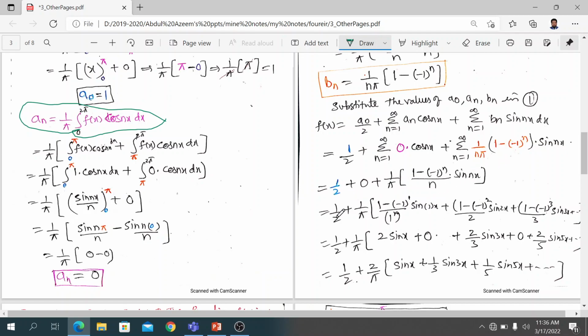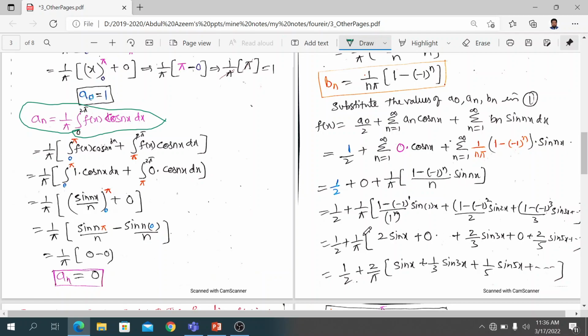Okay. Now 1 by 2 plus 1 by pi as it is, apply n is equal to 1: 1 minus minus 1 power of 1 by 1 into sin 1x, plus 1 minus minus 1 power of 2 by 2 sin 2x, plus 1 minus minus 1 power of 3 by 3 sin 3x and so on.